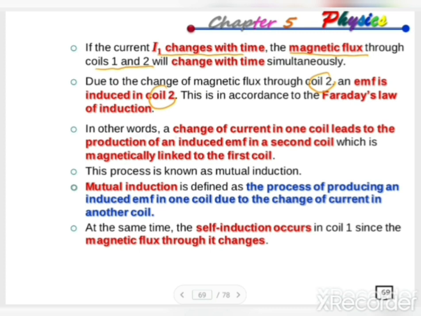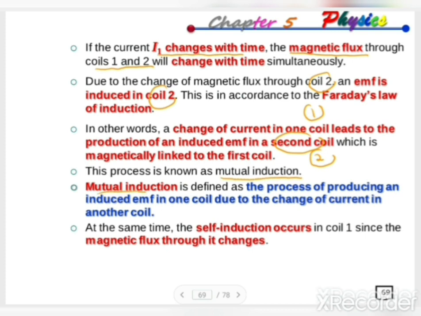In other words, a change of current in one coil, for example coil 1, leads to the production of an EMF in a second coil, meaning that the second coil is magnetically linked to the first coil. So this is the process that we know as mutual induction.